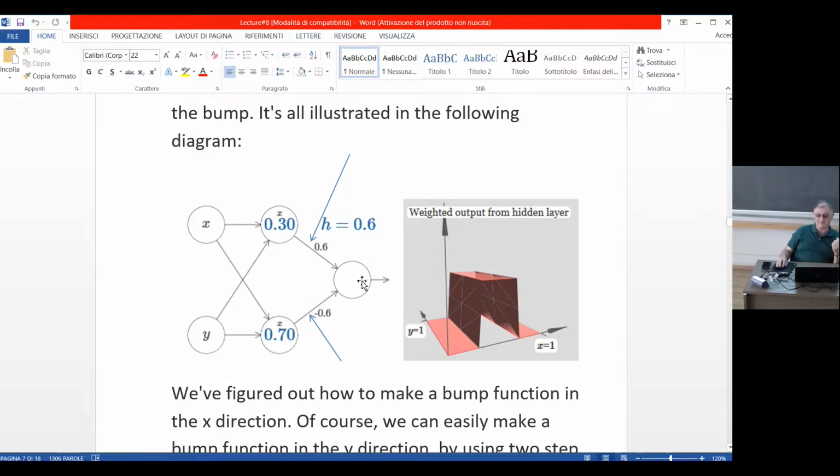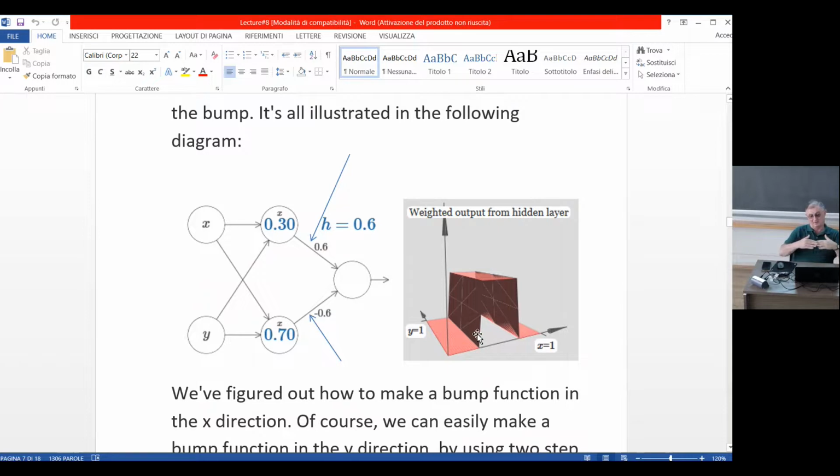And the same thing, if we want to return to 0, we should annul this height. So we should prescribe the weight coefficient of the second neuron as minus 0.6. So we return to 0 by this figure.